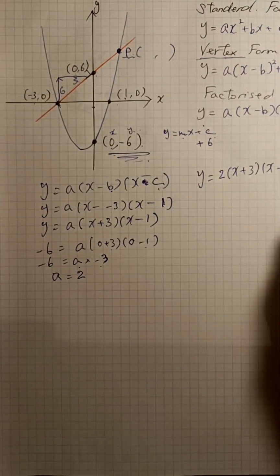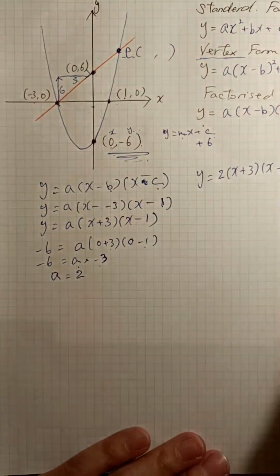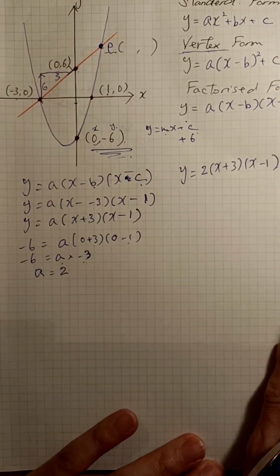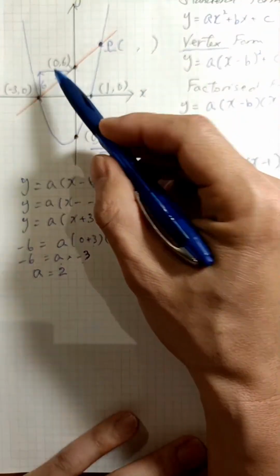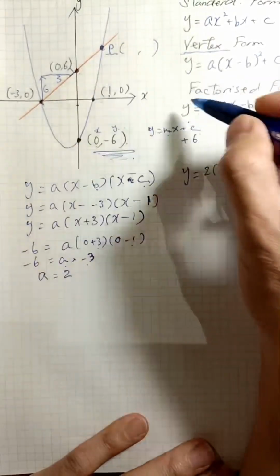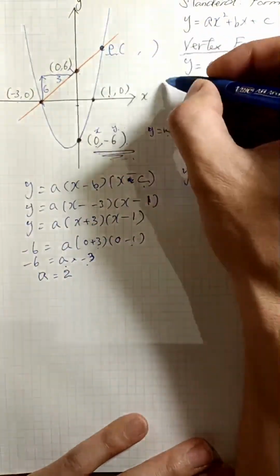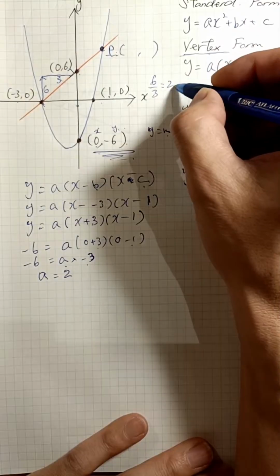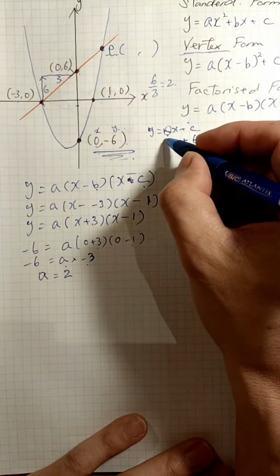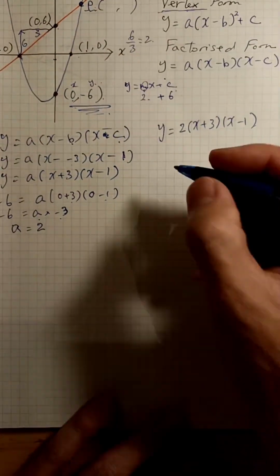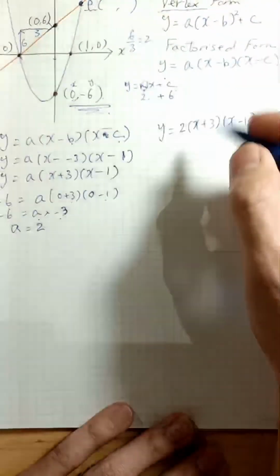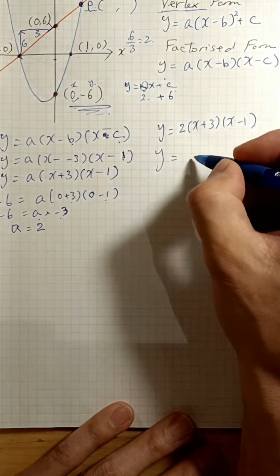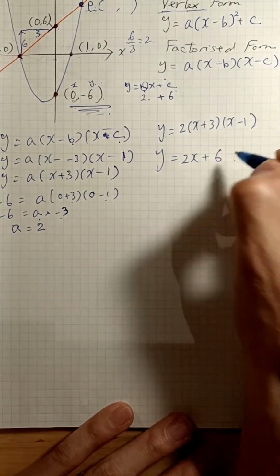So I have 6 over 3 as m. 6 over 3 is 2, right? So m is 2. So the linear line is y equals 2x plus 6. Okay?